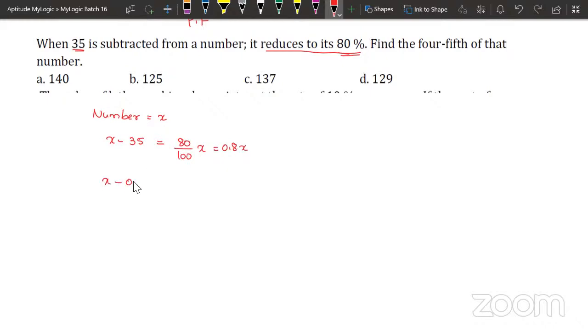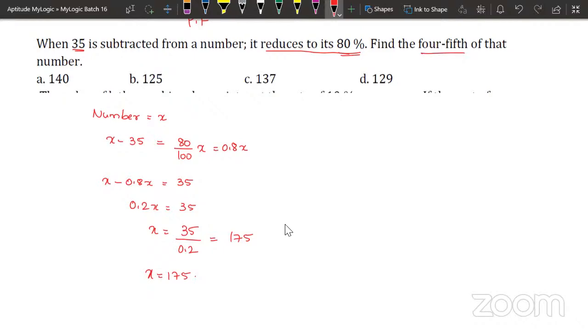0.8x comes to left hand side, it becomes minus 0.8x. And then here minus 35 comes to right hand side, it is plus 35. So 0.2x is equal to 35. X is equal to 35 by 0.2, which is equal to 175. So value of x is 175. But what have they asked?